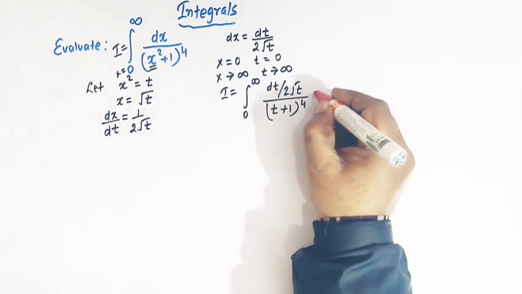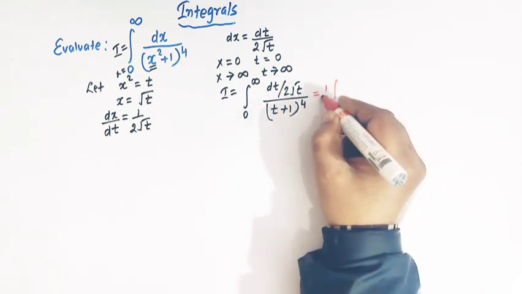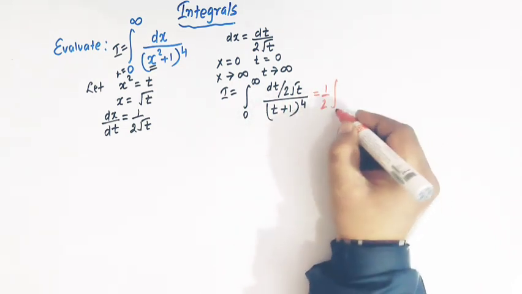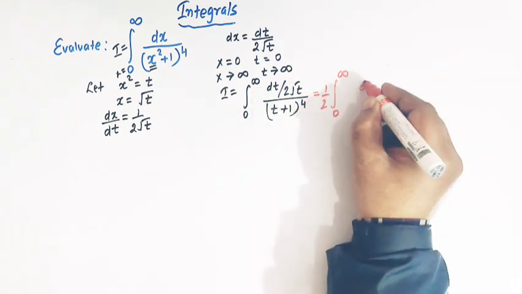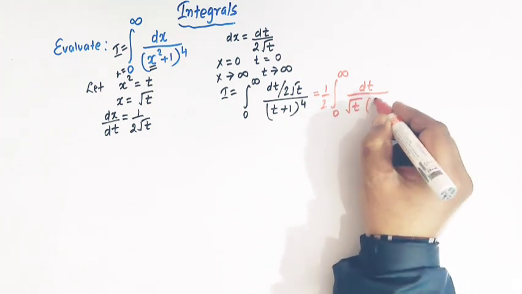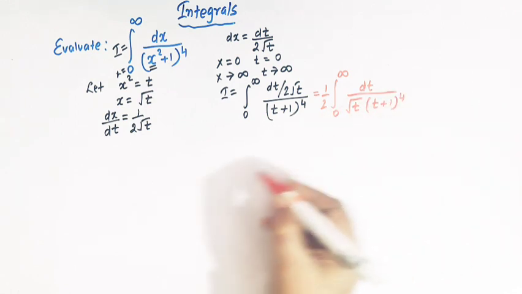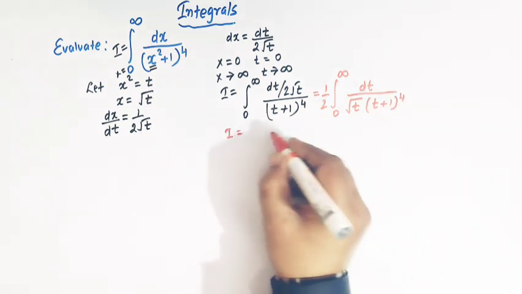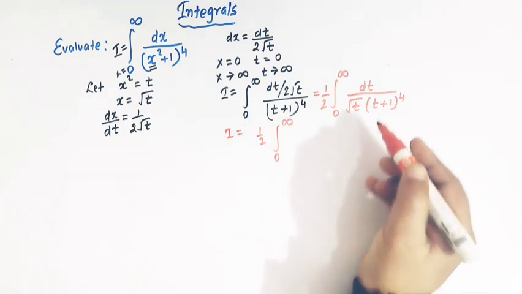So now let us rewrite this integral by taking 1 over 2 outside the integral. So we have 0 to infinity, and we have here dt over square root of t, and here we have (t plus 1) raised to the power 4. Now we can write I as half, and then we have 0 to infinity.